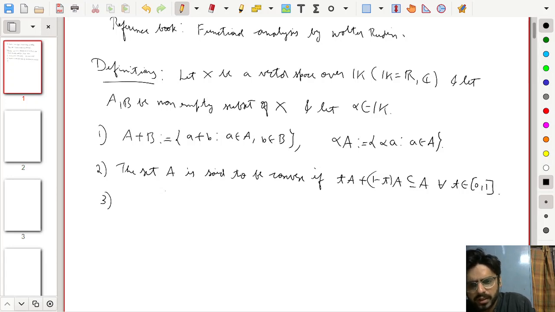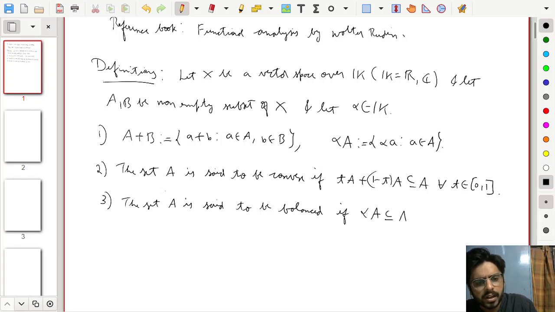My third definition is, the set A is said to be balanced if alpha times A is contained in A for all alpha in K with modulus of alpha less than or equal to 1.